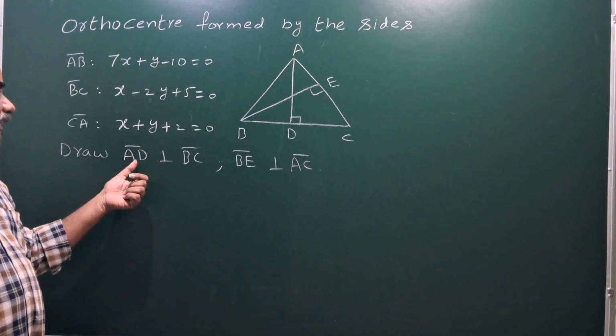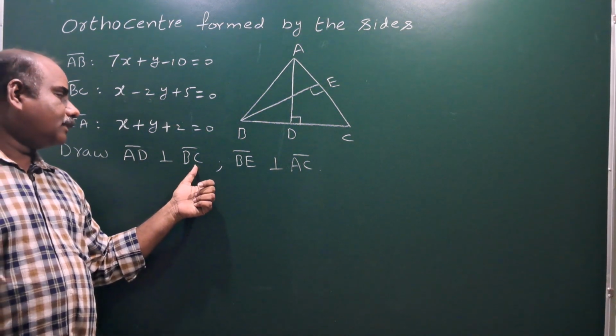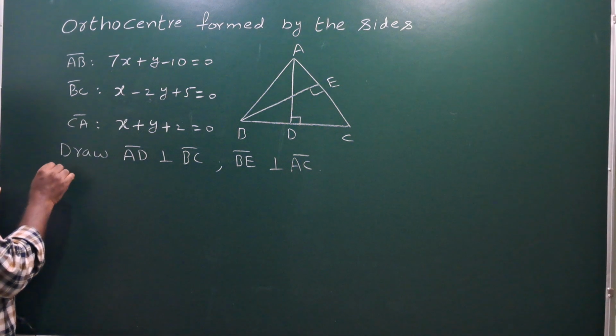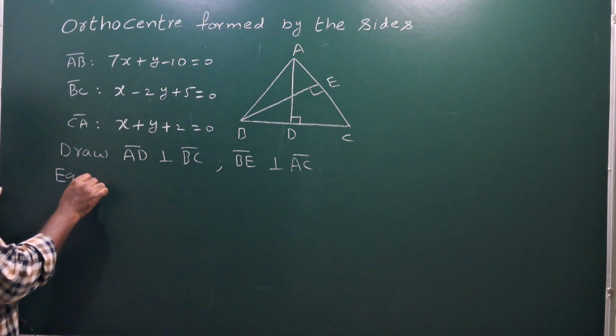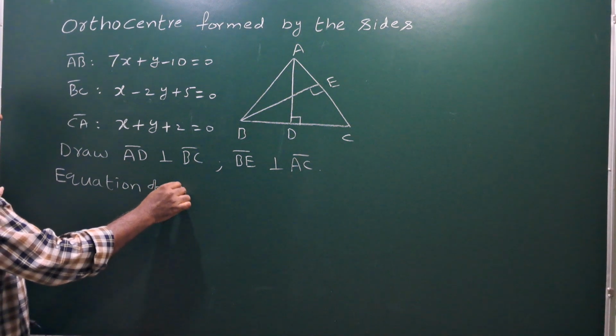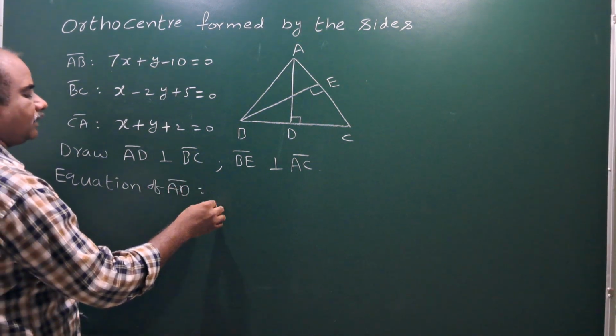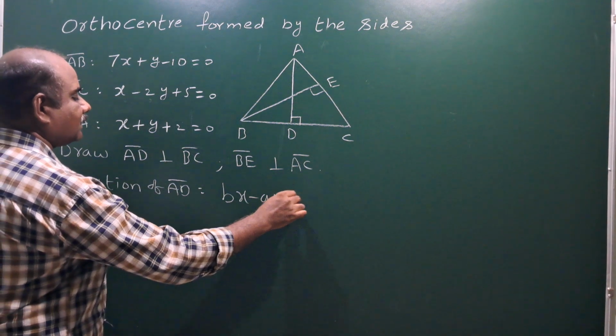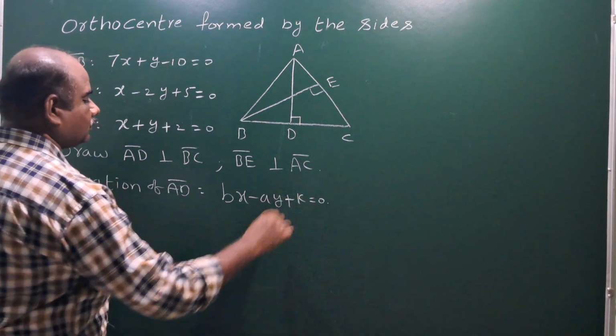Here AD is perpendicular to BC, so we write the equation of AD like this. The formula is Bx minus Ay plus K is equal to 0.